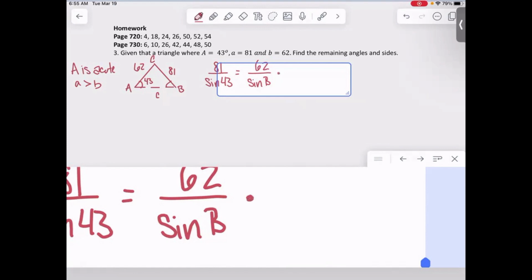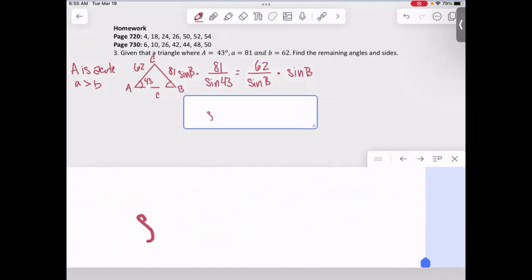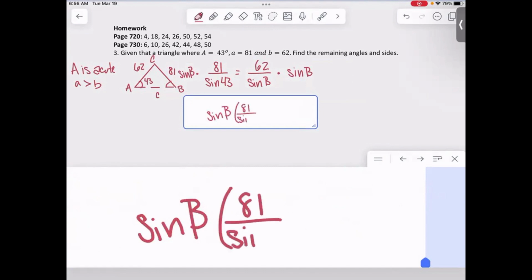I cannot solve for anything if it's in the denominator, so I'm going to have to multiply by the sine of B on both sides. Okay, so we get the sine of B times 81 over the sine of 43 equals 62.